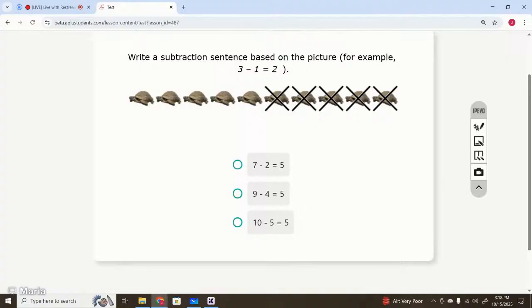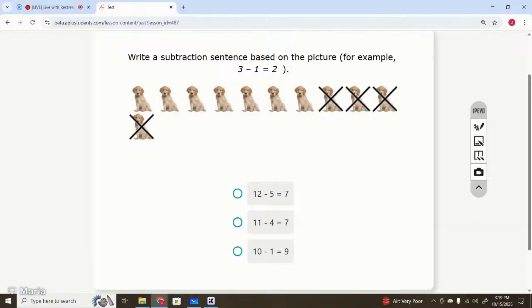Write a subtraction sentence based on the picture. Ten take away 5 is 5. Option number 3 is the correct option.